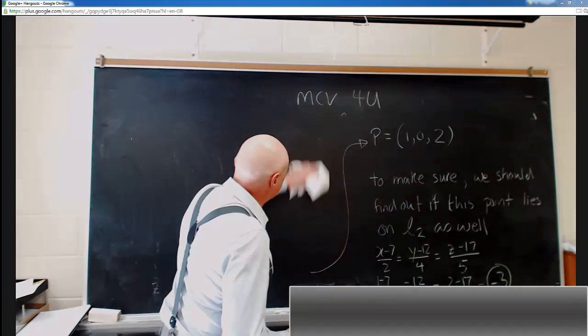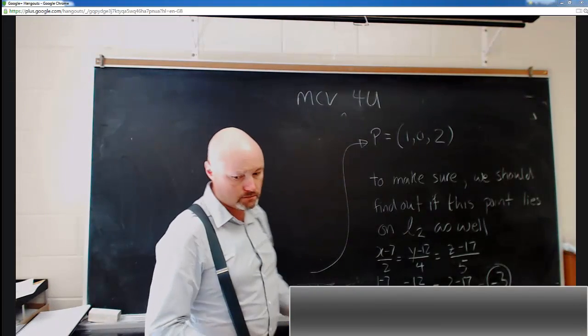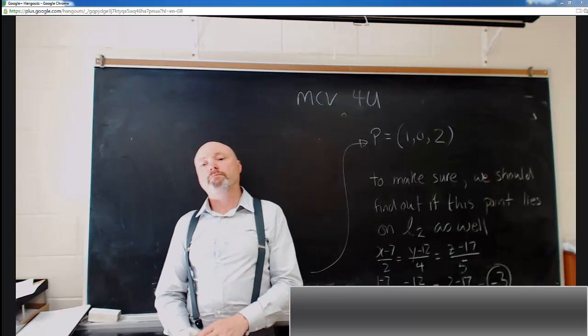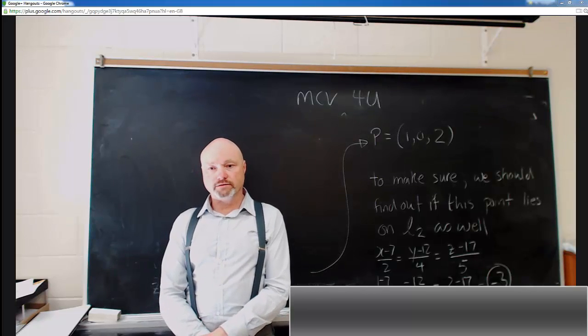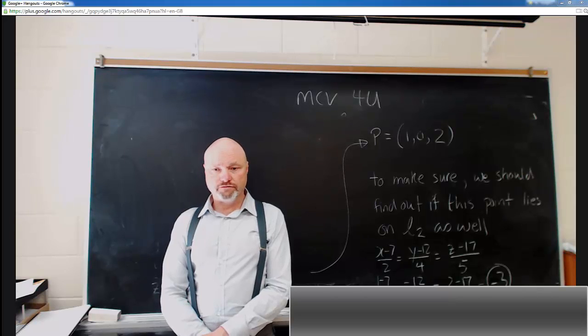RJ, in 2 space, what are the possible ways that lines could relate to each other? Yeah, so they could be parallel. And if they're parallel, what's going to happen when we try and get the intersection? You'll never find it. That's right.